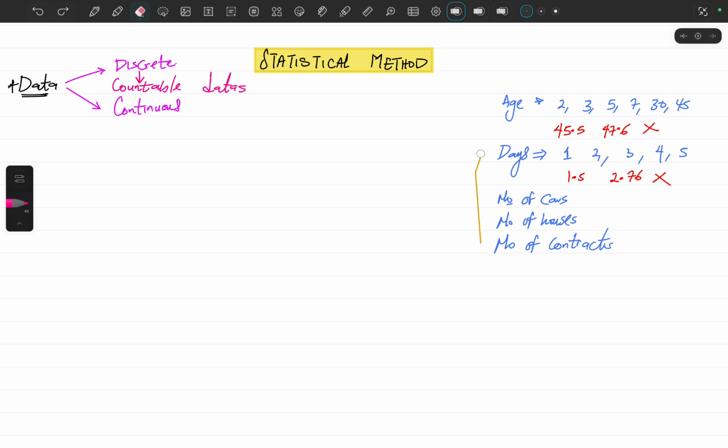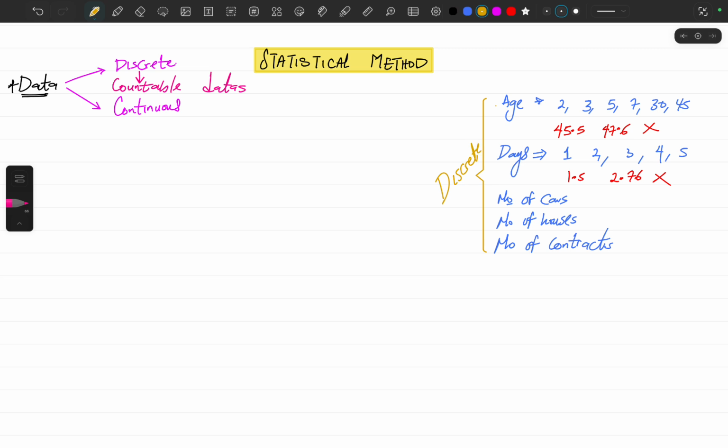You can pause the video now and think about what continuous data will be if all of these are discrete data. What do you think continuous data will be? Let's think about it. You can pause the video and try to align yourself with it.